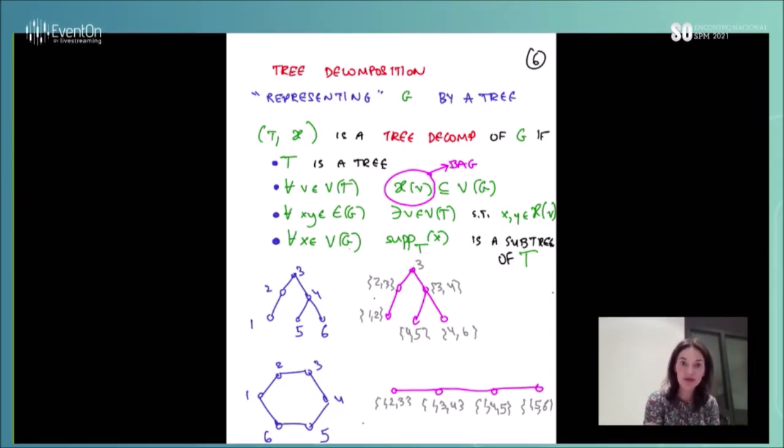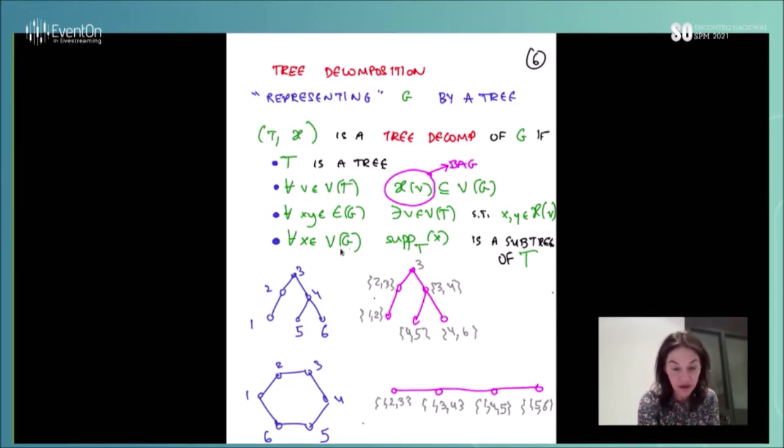And there are only two rules. The first rule is every edge of the graph that you're trying to represent needs to be captured in some bag. For every edge xy of G, there is a v in the tree, so that both x and y are in the bag that corresponds to v.